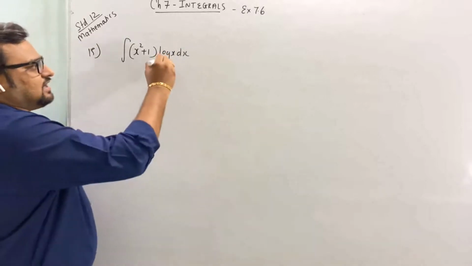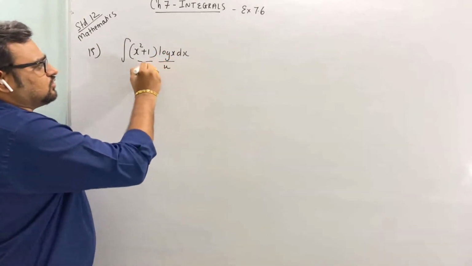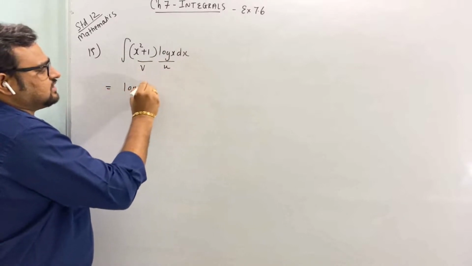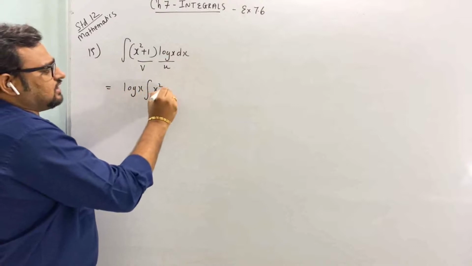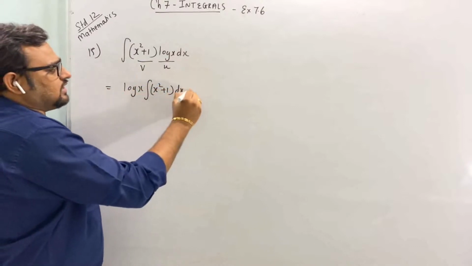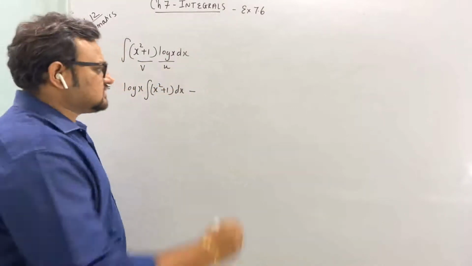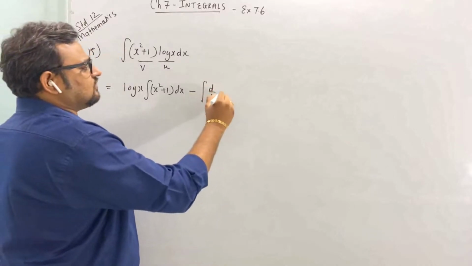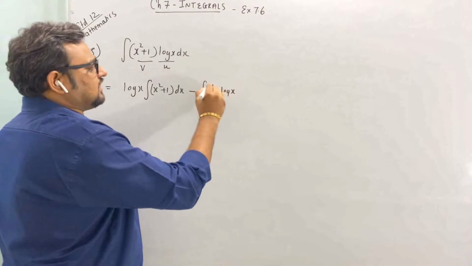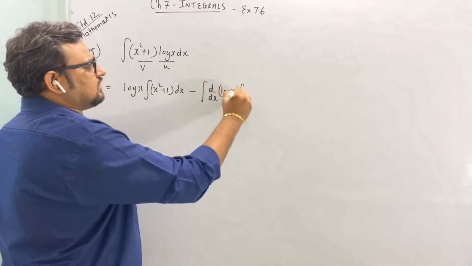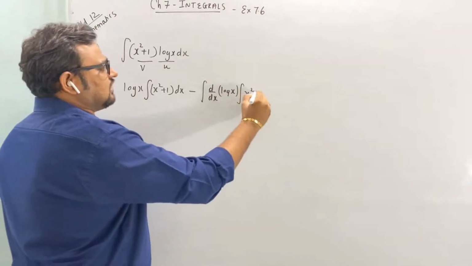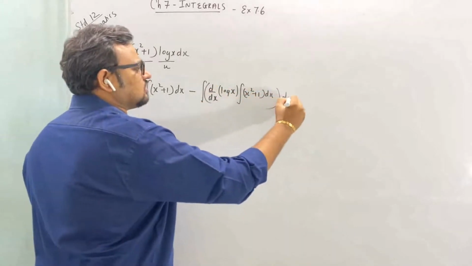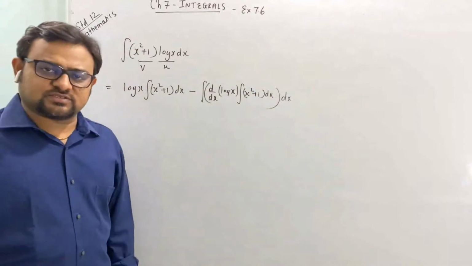So now again, write u v. Now this will be log x as it is, integration of x square plus 1 dx, minus integration of d by dx of log x into integration of x square plus 1 dx, whole dx.